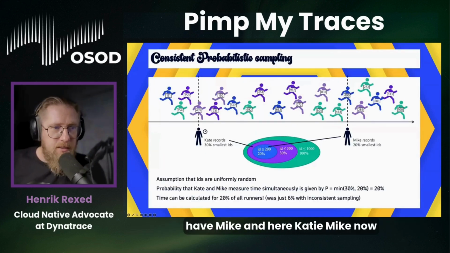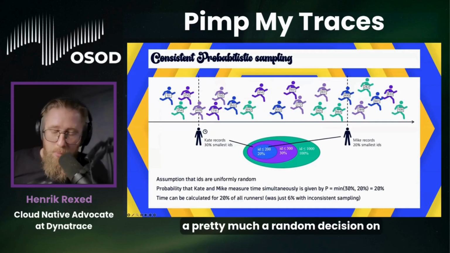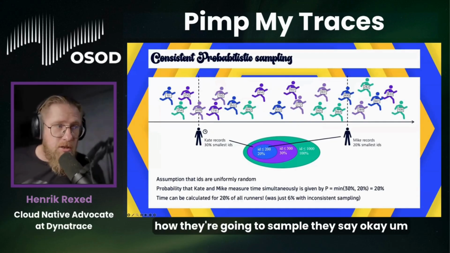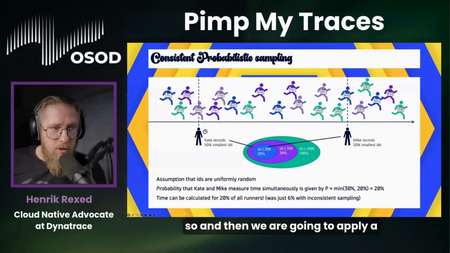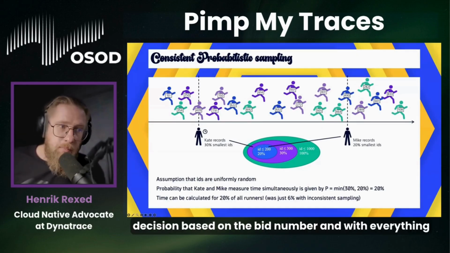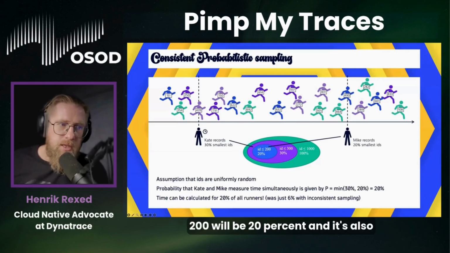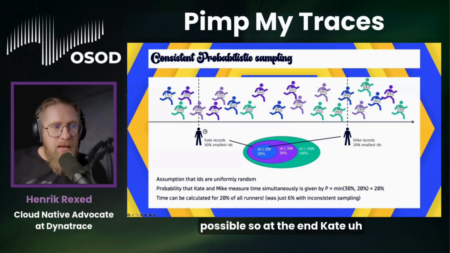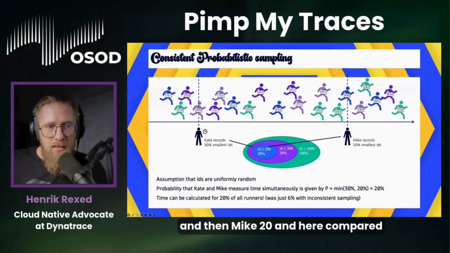So we have Kate, we have Mike, and now instead of making pretty much a random decision on how they're going to sample, they say, okay, the runner has a bib number, and we are going to apply a decision based on the bib number. Everything under 200 will be 20%, and so on and so forth. So at the end, Kate decided on 30% on the bib number, and Mike 20%.